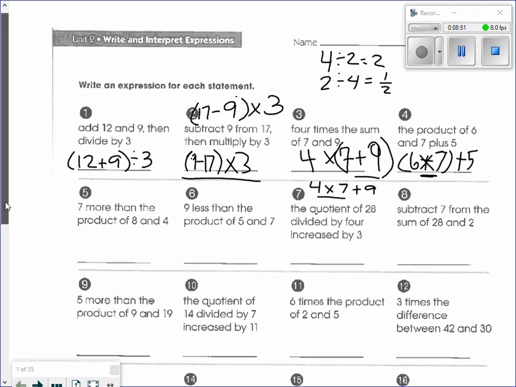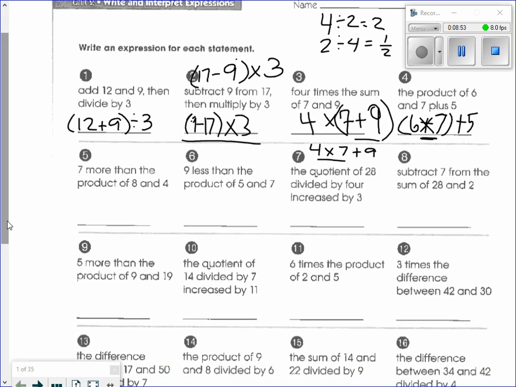Anyway, number 5, 7 more than the product of 8 and 4. 7 more than the product of 8 and 4. 14. Tanaya.